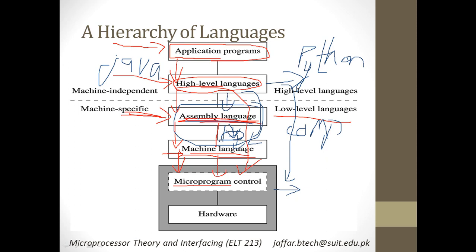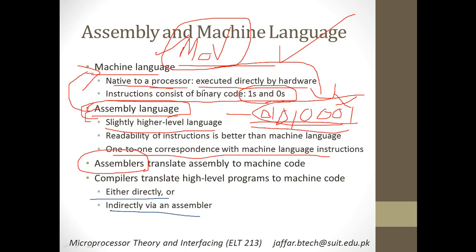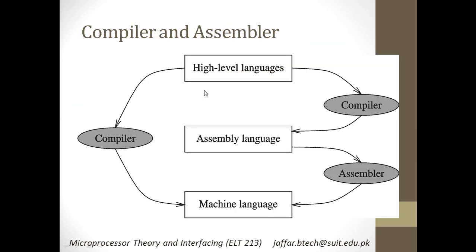If you don't have the facility of a compiler, you can also take help from assembly language programming and the assembler. So if you are using something without involving a compiler, you will have to follow this route from the high level programming towards the microprocessor. So this is basically a generic overview.